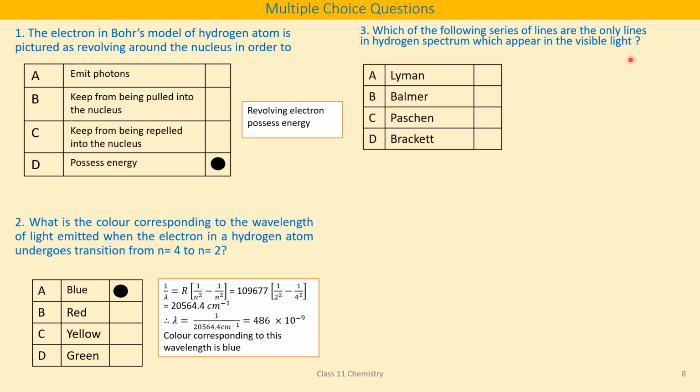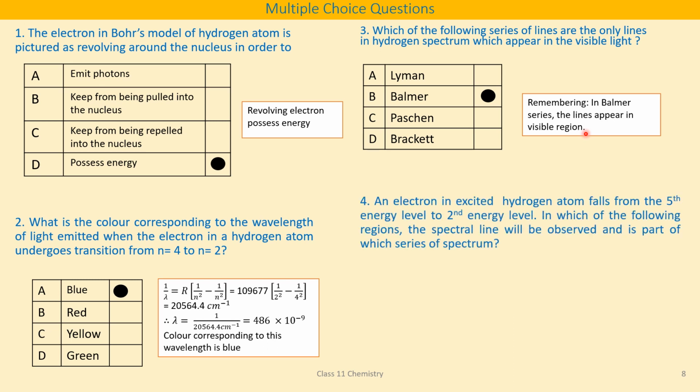Option A, Lyman series; option B, Balmer series; option C, Paschen series; and option D, Brackett series. You have to remember that in the Balmer series, the lines appear in the visible region. This is option B. Please mark it.